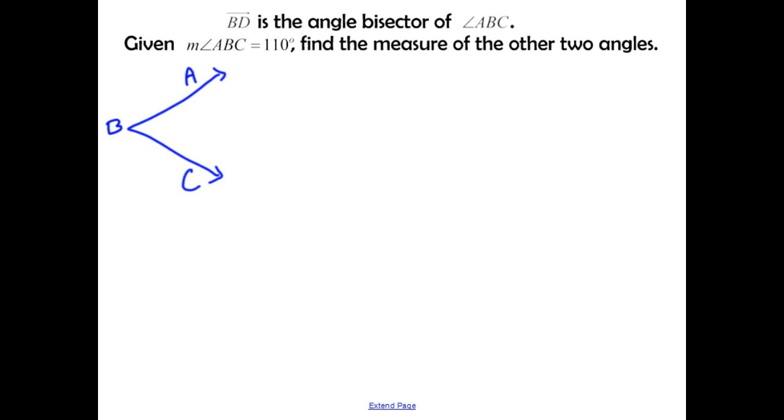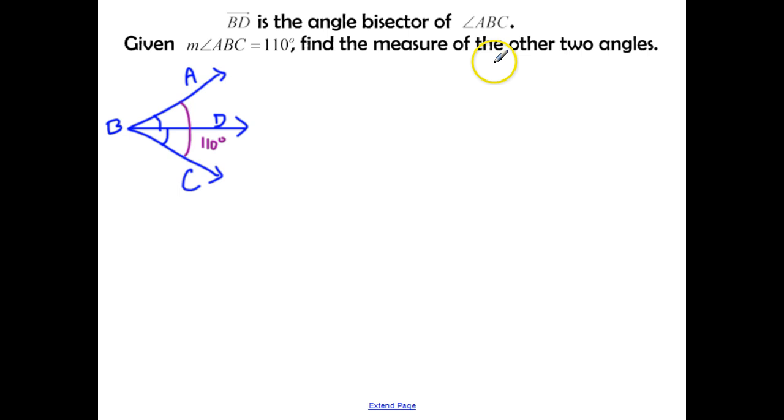ABC, and then BD, so we have some point D out here, and this is bisected. So I just want to put those markings just so I know, and I can remind myself that it is bisected. It says given the measure of angle ABC, that means the whole angle here is 110 degrees.